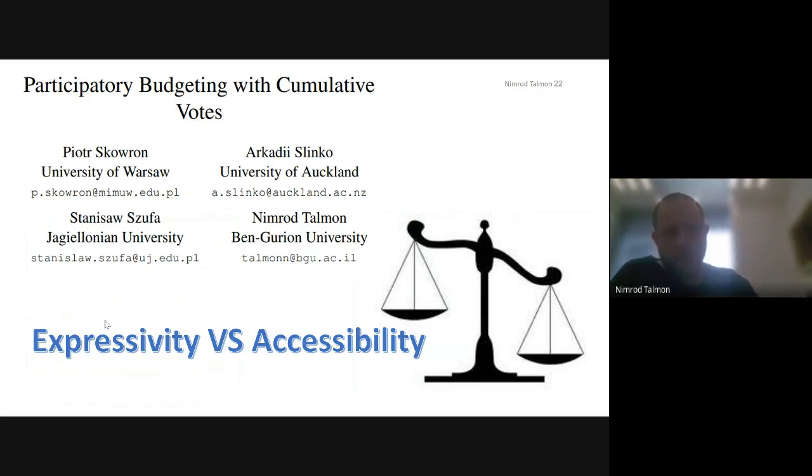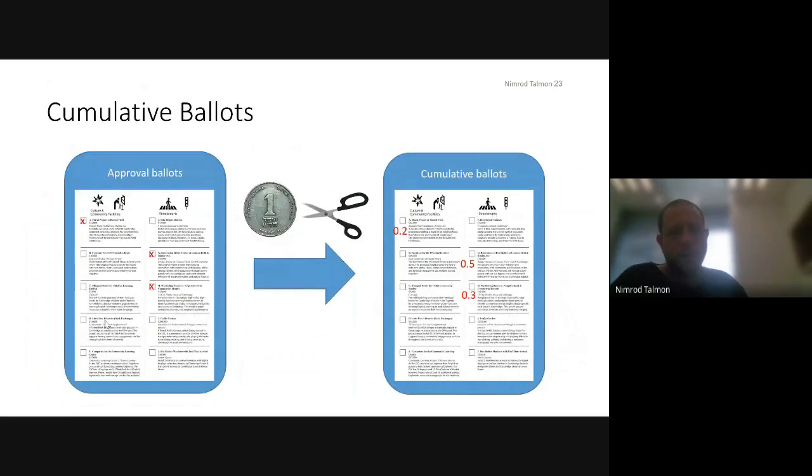And in the Condorcet context, we described ordinal ballots. Yet a different kind of ballot that felt to us very natural for participatory budgeting is what is usually termed cumulative ballots. The simplest way to describe it is that people come to the ballot booth and each one of them gets a virtual coin, and they should split this virtual coin among the projects.